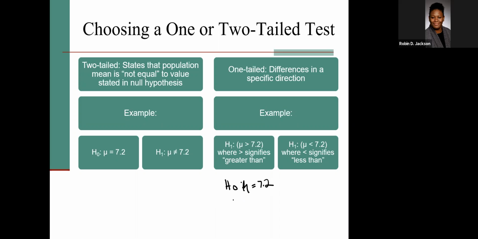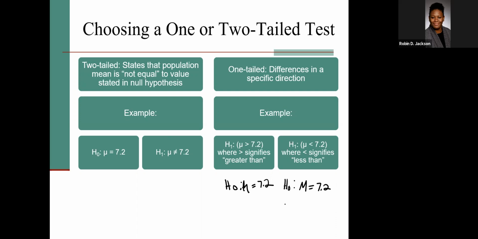I know that looks really horrible. You probably are like, what is that weird looking symbol? That is supposed to be the population mean. Let me try writing that again. I'm just going to do a normal n is equal to 7.2. That's what that is. So just imagine that is the symbol for population mean. That's what the null hypothesis would look like, whether it's a one-tailed or a two-tailed.